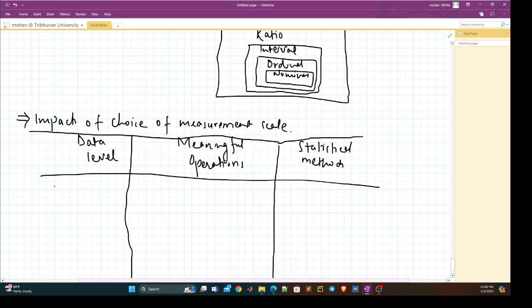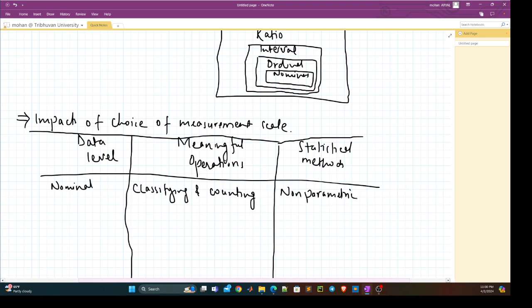So first one is nominal. Nominal is used for classifying and counting, and the statistical method used is non-parametric.